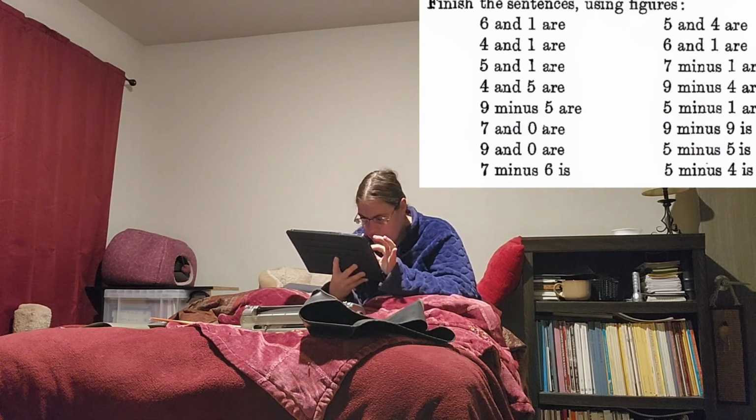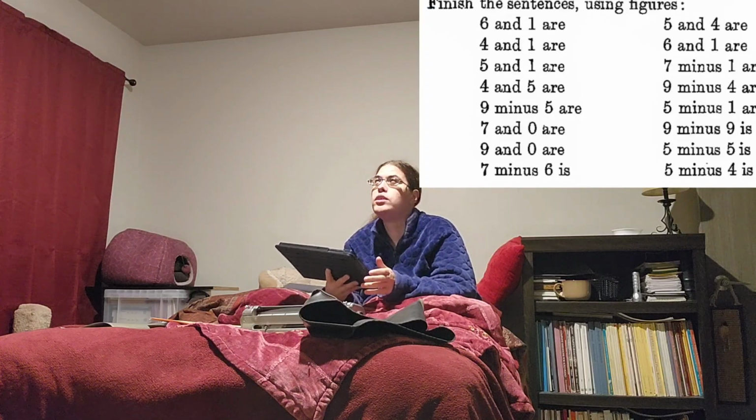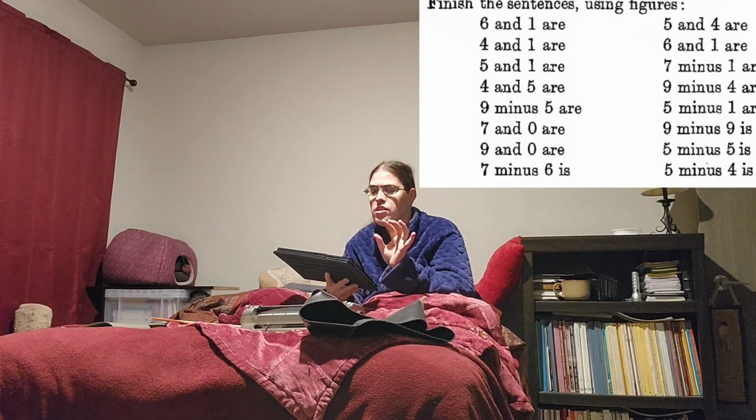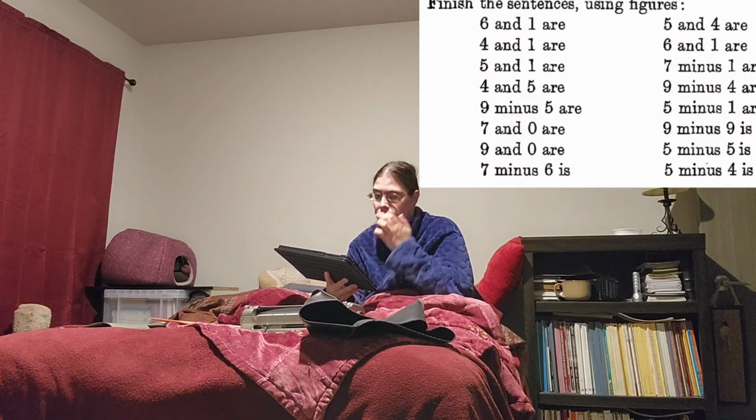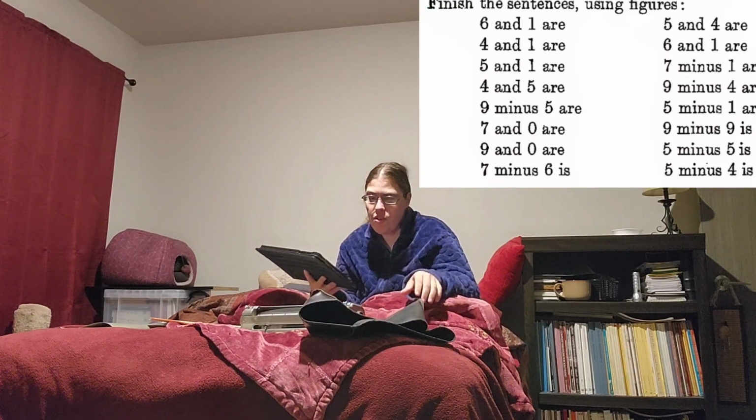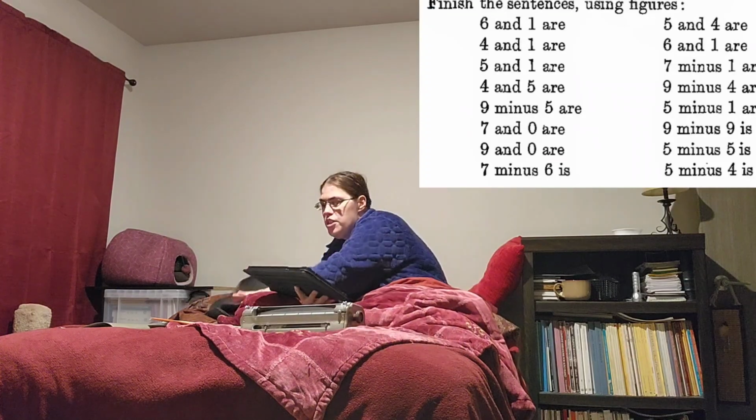In short, there's a special sign you have to put in front of the letters A through J, and that special sign will tell the reader, this is a number.